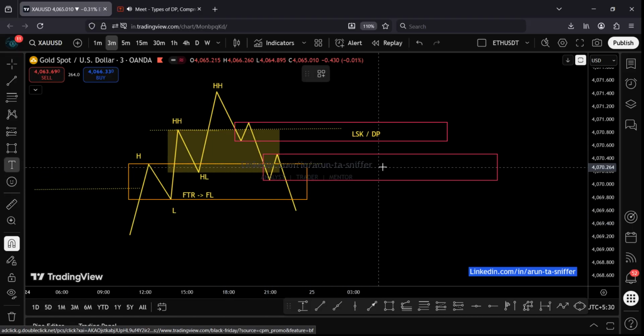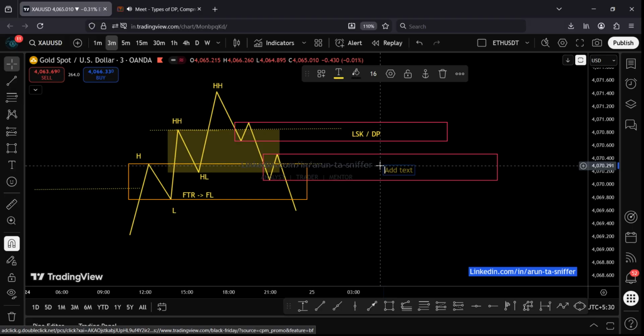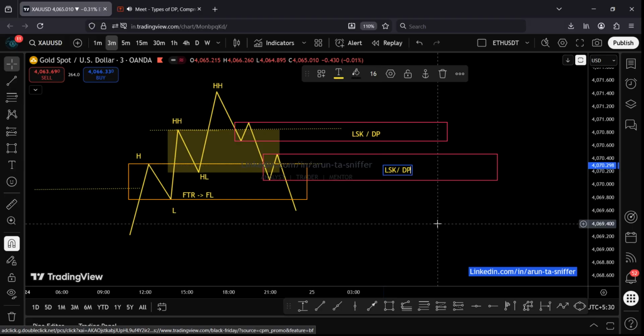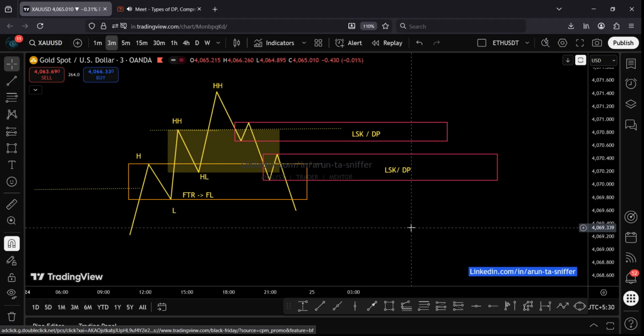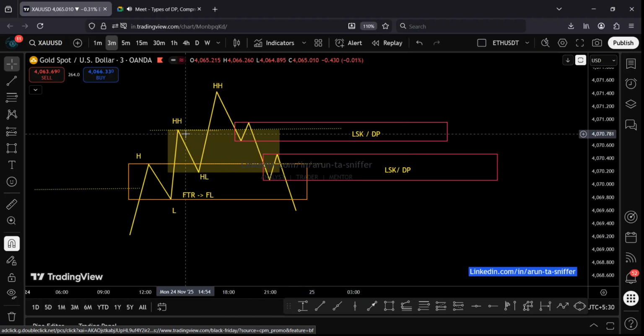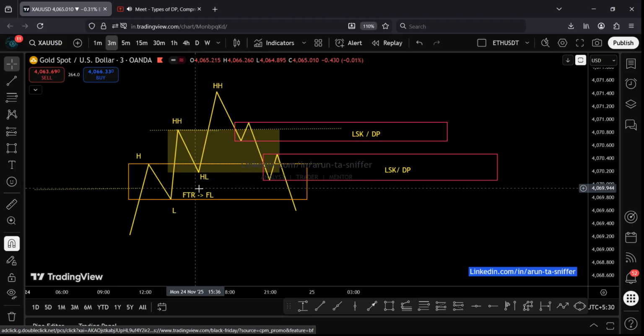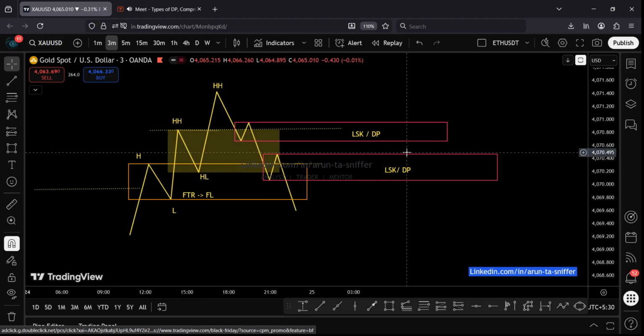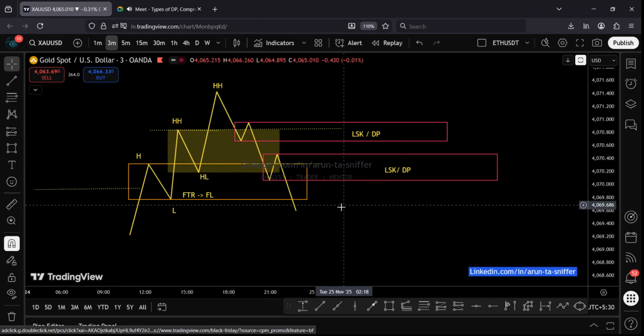So this is also our LSK or DP. So we have two DPs here. One is for the flag on the present time frame or present scale, and one is for the lower one.